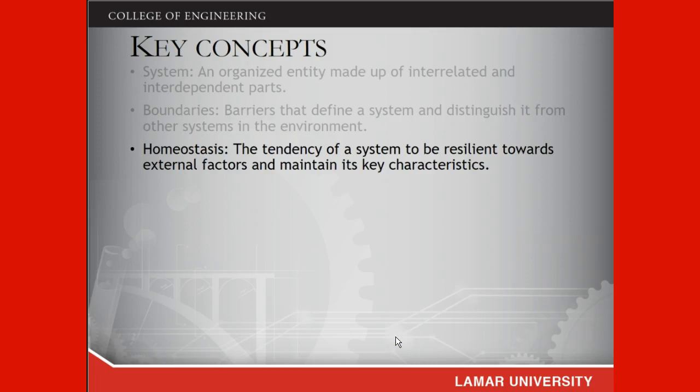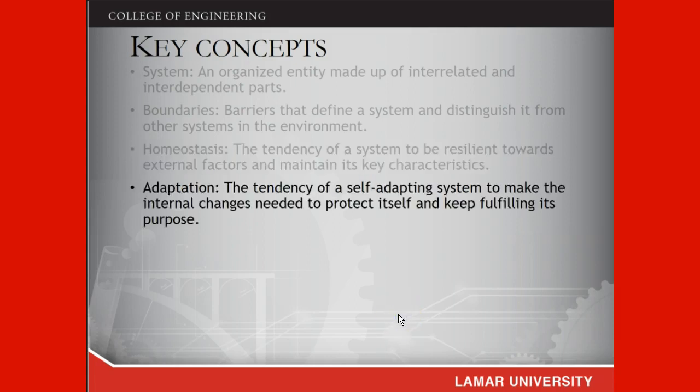Homeostasis, the tendency of a system to be resilient towards external factors and maintain its key characteristics. Adaptation, the tendency of a self-adaptive system to make the internal changes needed to protect itself and keep fulfilling its purpose.